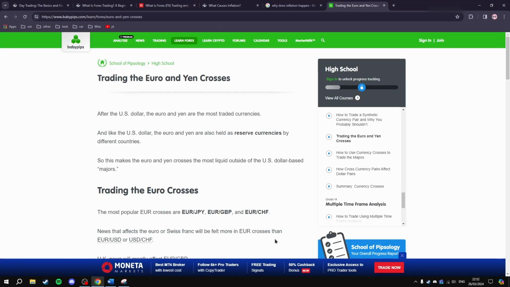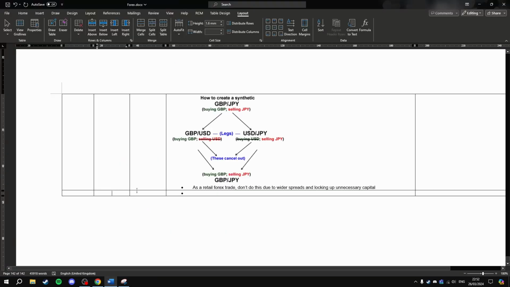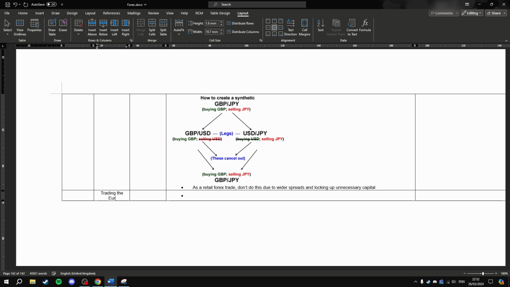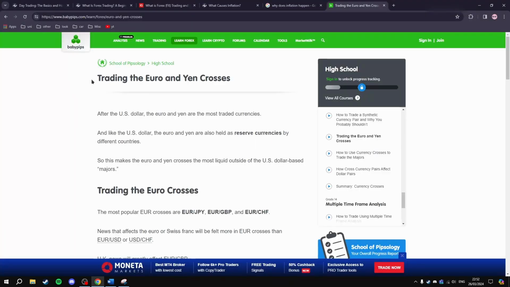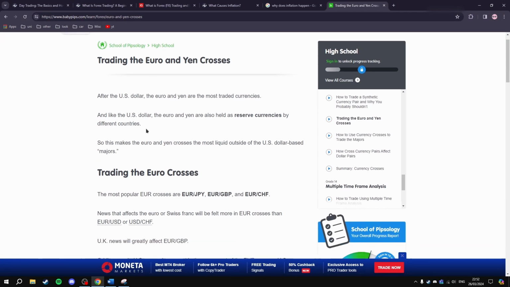Yep. Trading the euro and yen crosses. After the US dollar, the euro and yen are the most traded currencies.